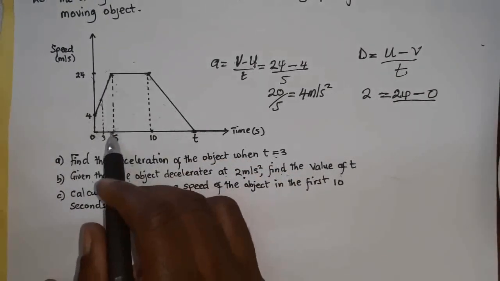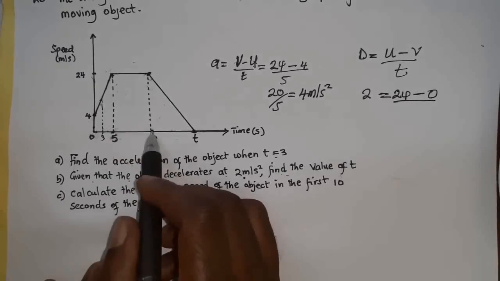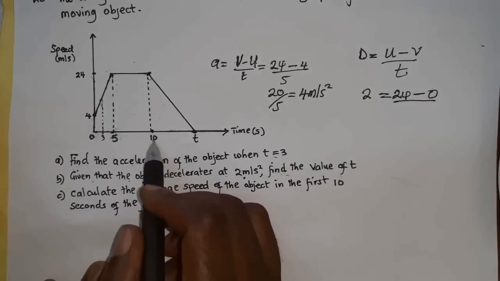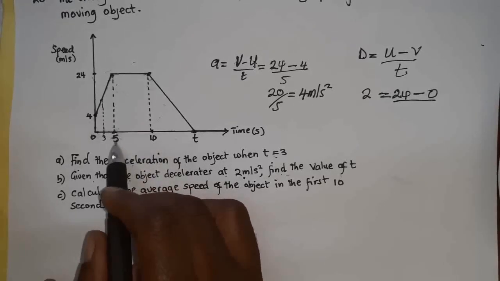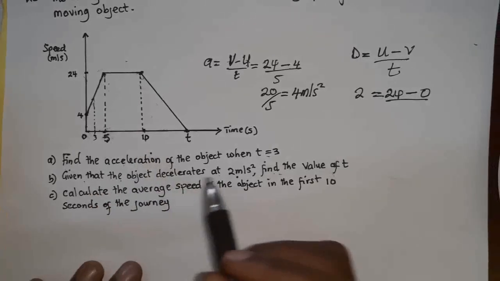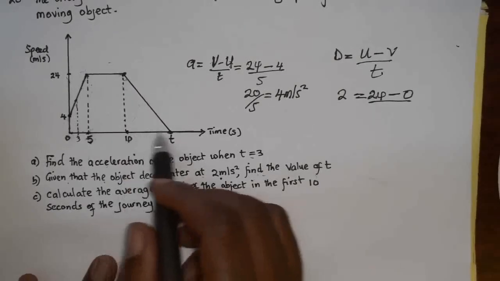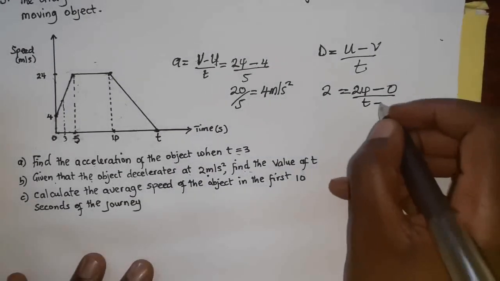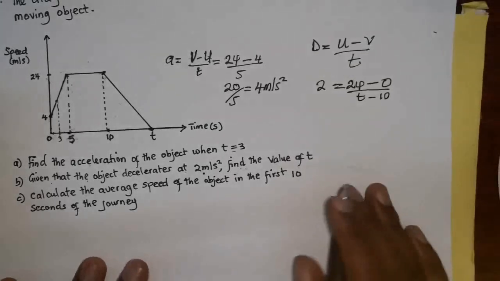For instance, if you want to find the time difference from 5 to 10, what do we usually say? 10 minus 5. So even in this case, to find the time here, we are going to say t minus 10.